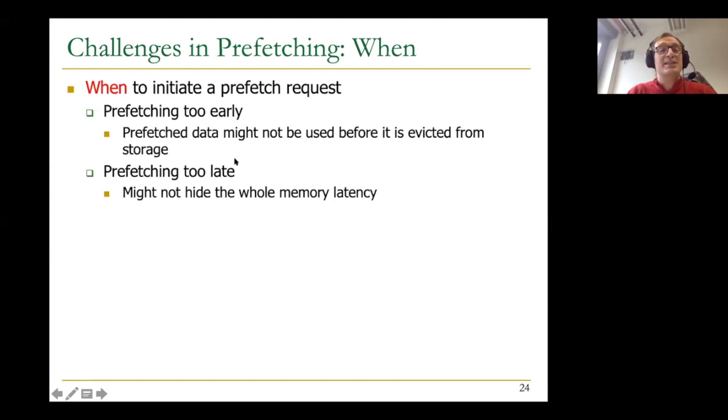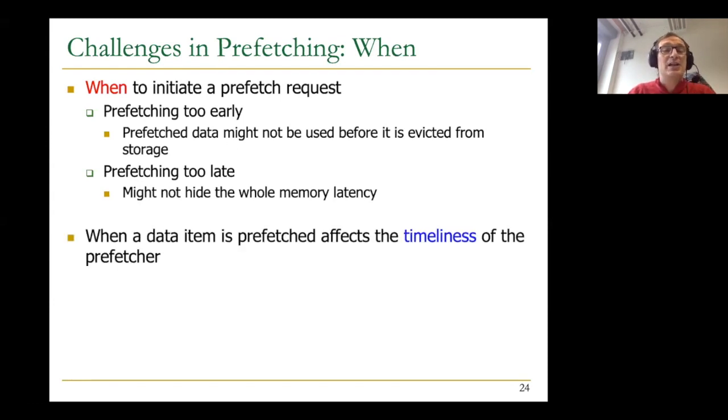And this is really related to the timeliness of a prefetch request. Basically, when a data item is prefetched affects the timeliness of the prefetcher. And timeliness can be defined in multiple ways. I'm not going to go into these multiple definitions, but one could be a strict definition, right?